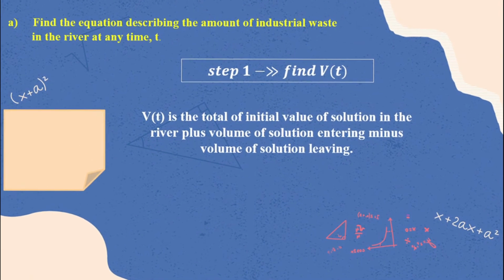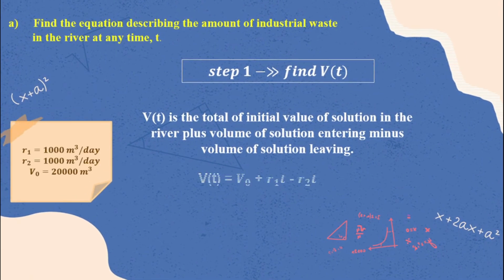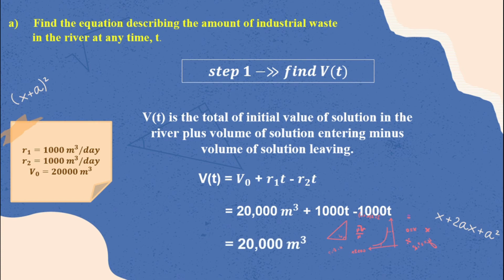Here is the equation of V(t). And then we substitute V naught, R1 and also R2. So we get 20,000 cubic meters plus 1000t minus 1000t, which equals 20,000 cubic meters.